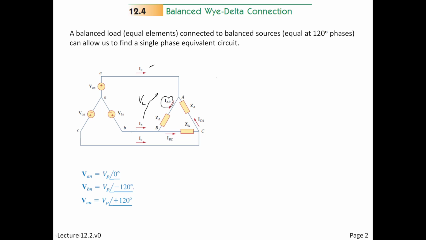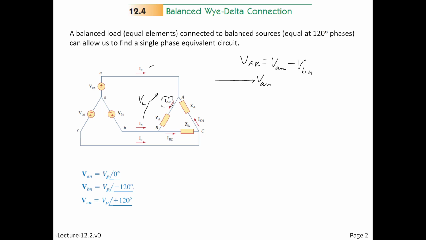You may recall for the phase voltages we had VAN, and we needed to find VAB, right? We needed to take VAN minus VBN. So in other words, it was VAN plus VNB. All right, so we had that. And so we had VAN.